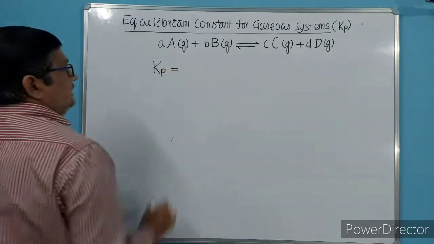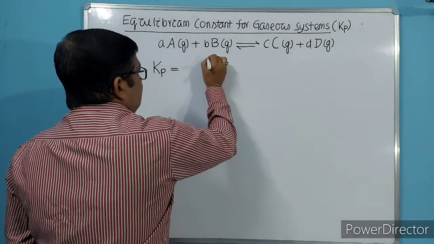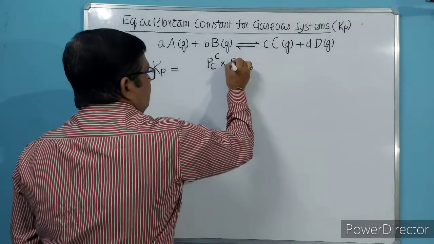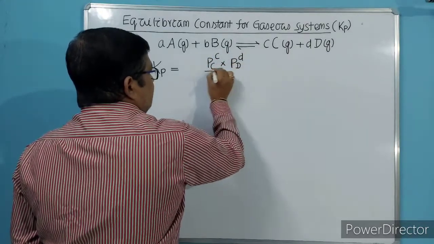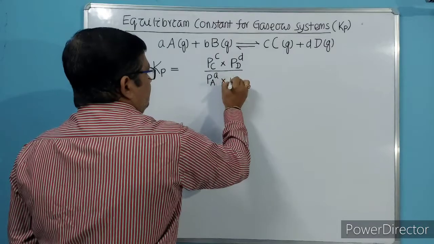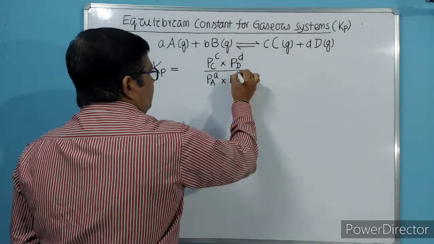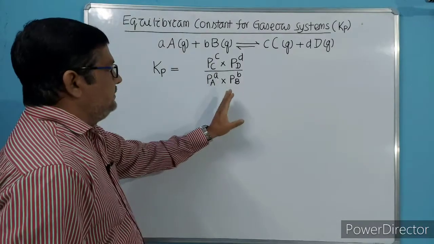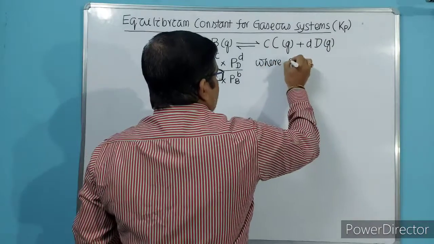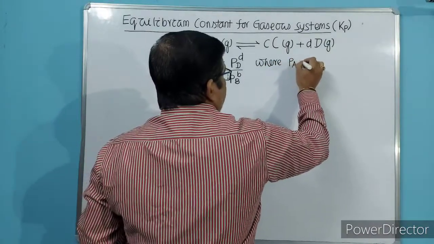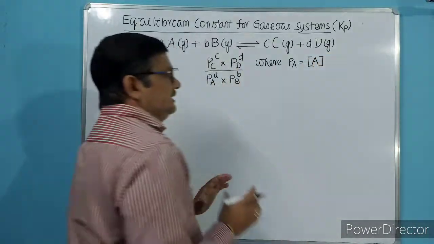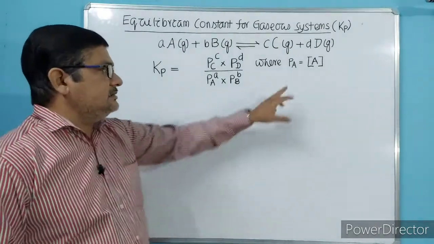What will be the value of Kp? Now remember, it is PC to the power c into PD to the power d, divided by PA to the power a into PB to the power b. So what is PA, PB, PC and PD? Where PA is equal to the partial pressure of A, that means the concentration of A. Any gaseous reactant concentration we can express in terms of partial pressure.